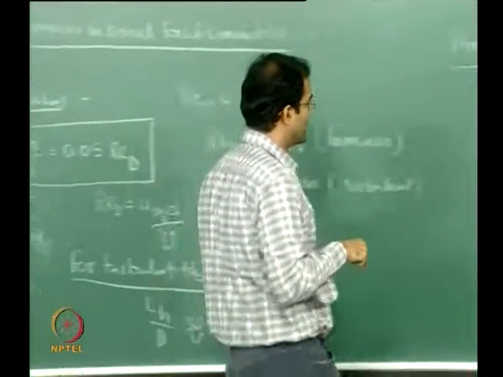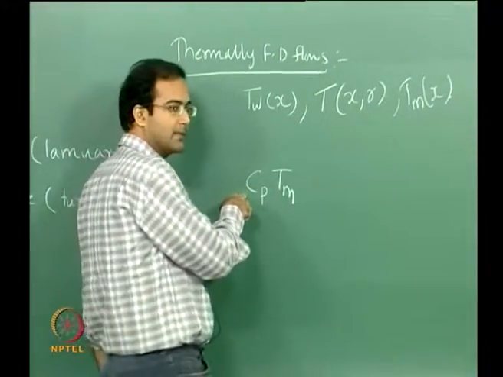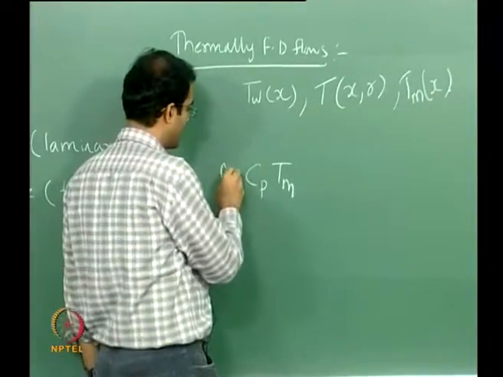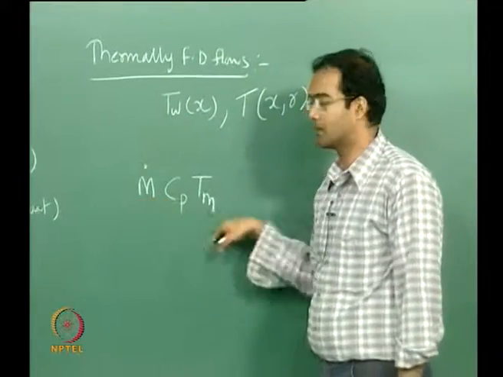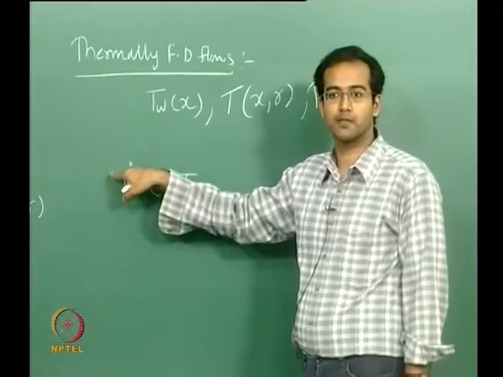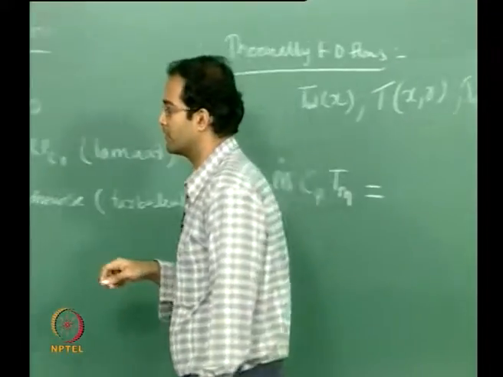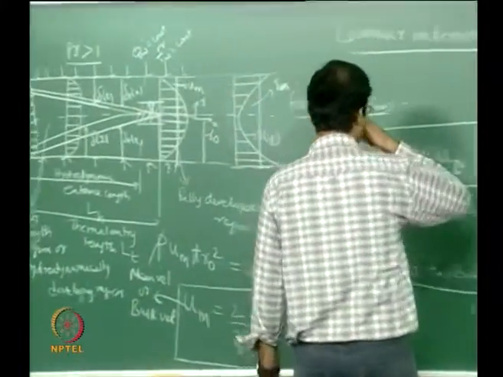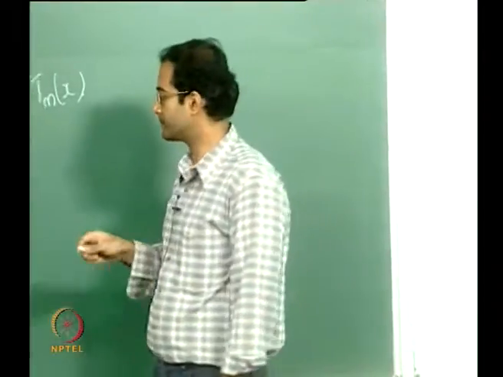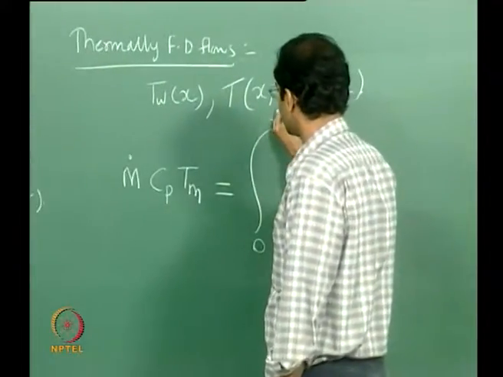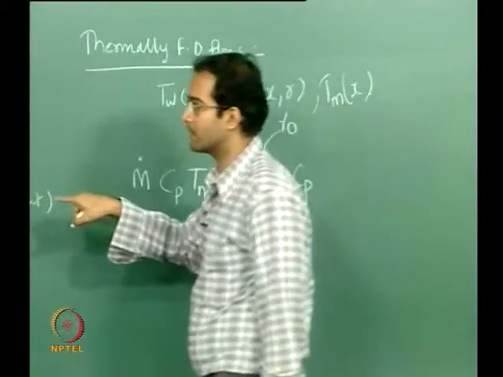So how do you now define enthalpy? Based on the temperature, Cp T. Now this is the specific heat capacity, so the total enthalpy, you have to multiply by the mass flow rate. Now this is the average enthalpy if you replace the temperature profile with the uniform profile, correct? Now that should be equal to the enthalpy of this varying profile. How do you calculate the enthalpy of that? Integral 0 to r naught, so Cp, my m dot now will be, now there is a velocity profile also here.